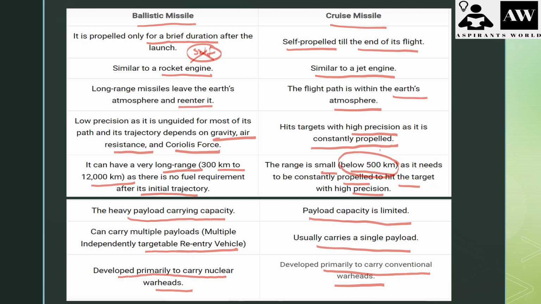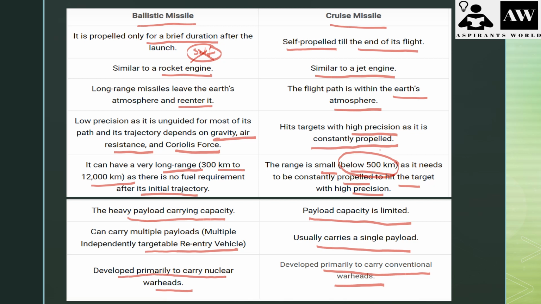So the ballistic missile has disadvantages: it doesn't have self-propulsion, and it is mostly affected by gravity, air resistance and the Coriolis force. That is actually the problem of ballistic missiles. But compared to cruise missiles, the advantage of ballistic missiles is that they are long range missiles and have the power to target even out-of-atmosphere targets.